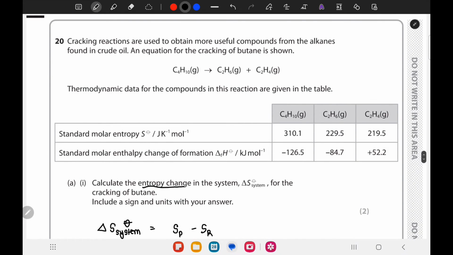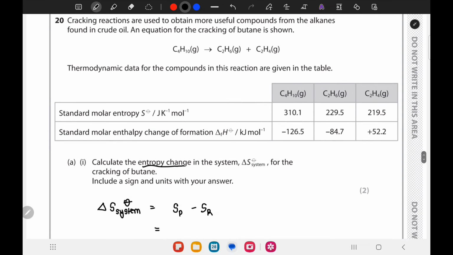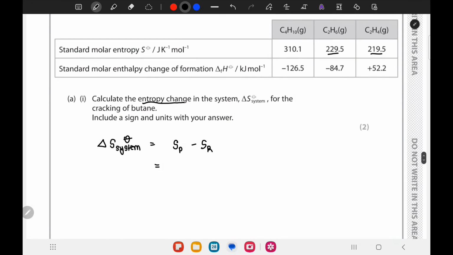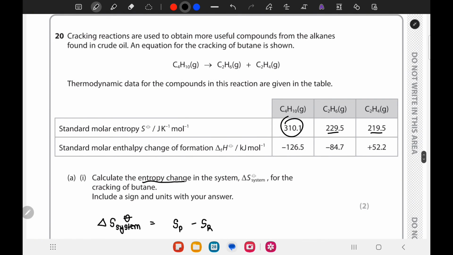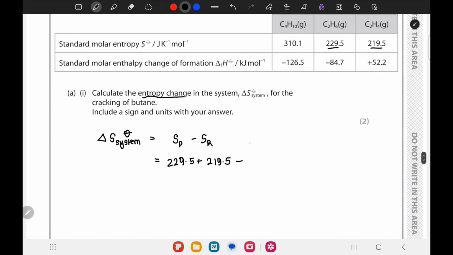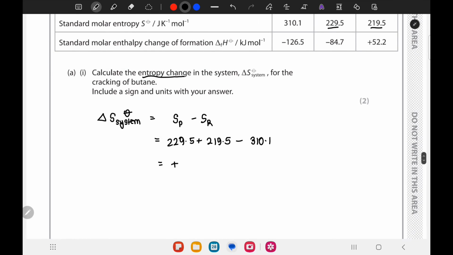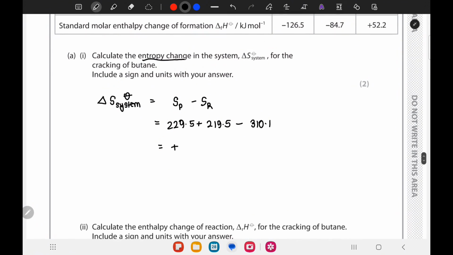The products are C2H4 and C2H6. So we'll add both of them. 229.5 plus 219.5, and then we'll subtract the entropy of the reactant, which is 310.1. If I calculate this, I get a value of 138.9 joule per mole per Kelvin.